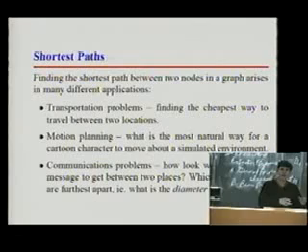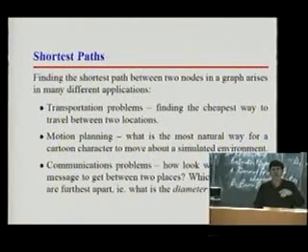GPS system. You're sitting in your car, you say, take me to Manhattan, you hit return, and it's going to come back and tell you the fastest way to get there.